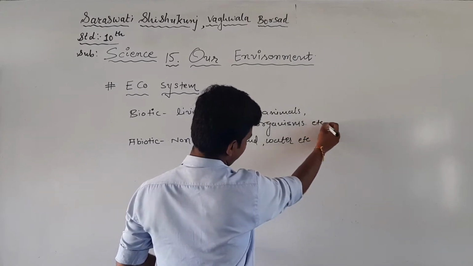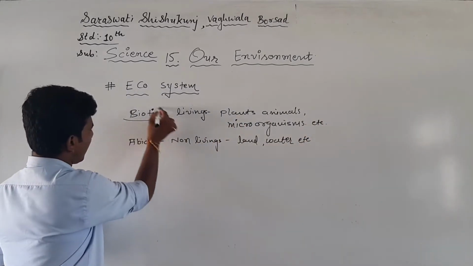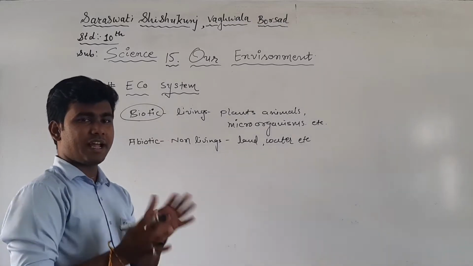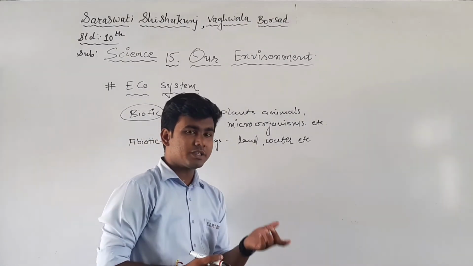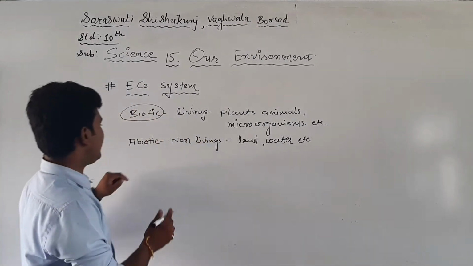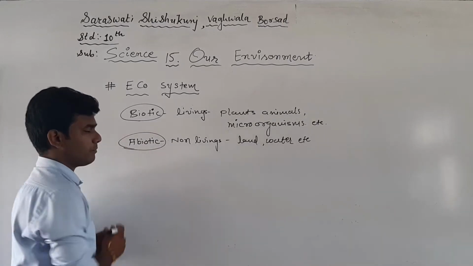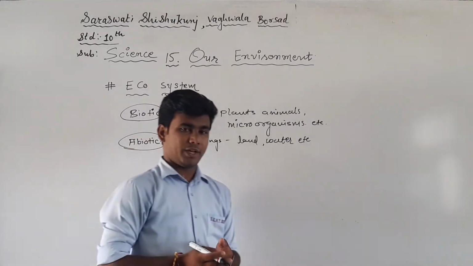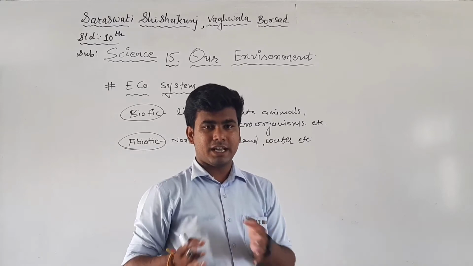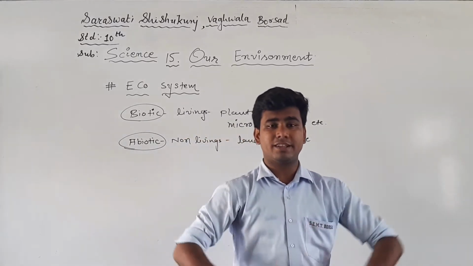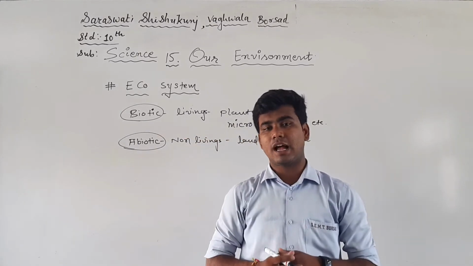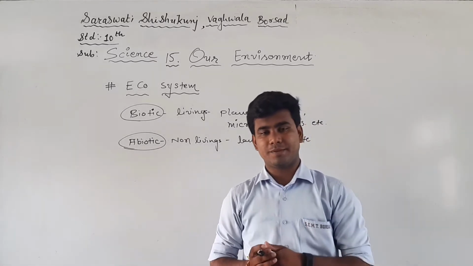etc. So this biotic components have interaction with each other, and also this biotic components will have interaction with the abiotic components, right? So this way the biotic and abiotic have an interaction with each other and a system which is formed, that is our ecosystem.